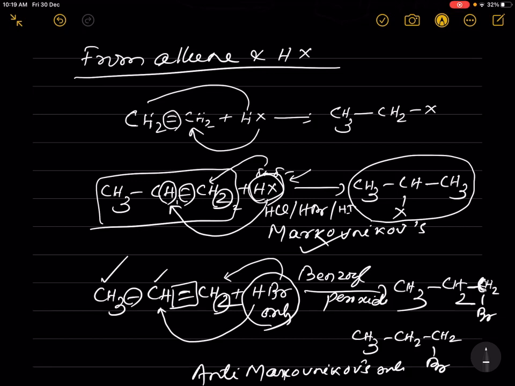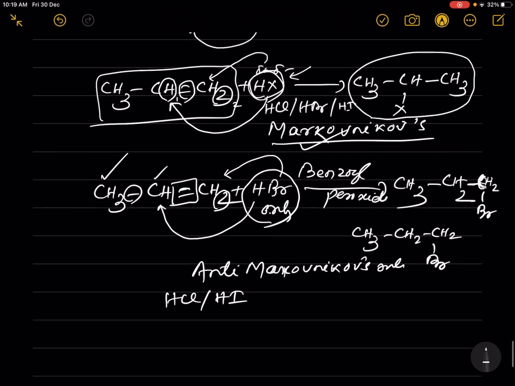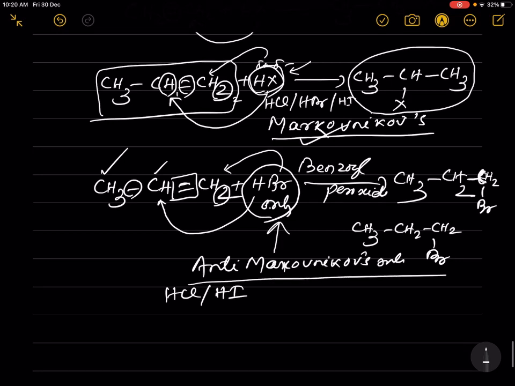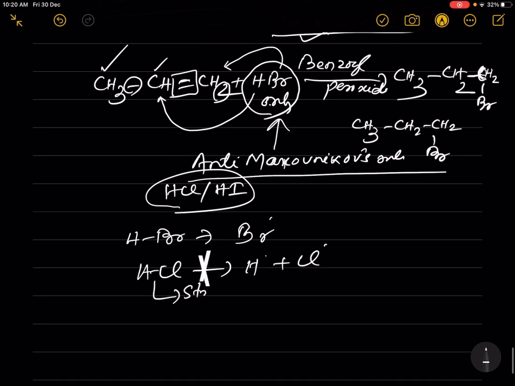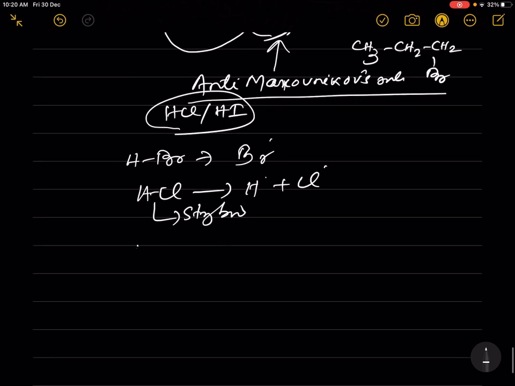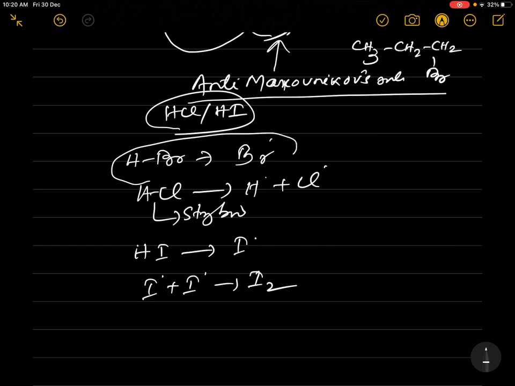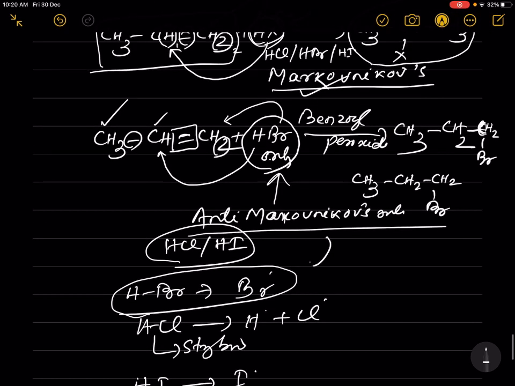But the anti-Markovnikov rule is only for HBr, not for HCl or HI, because HBr gives free radicals, but HCl does not give free radicals because it has a strong bond. HI gives free radicals, but one iodine free radical combines with another iodine free radical to give back I2. So HBr is applicable because the anti-Markovnikov addition follows a free radical mechanism, which you read in 11th.